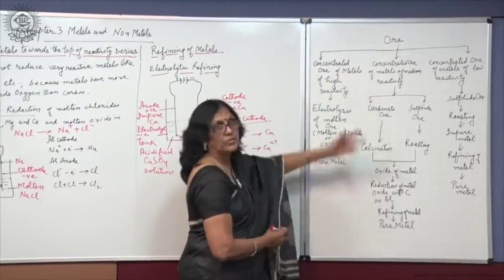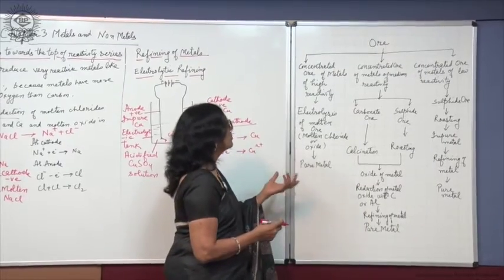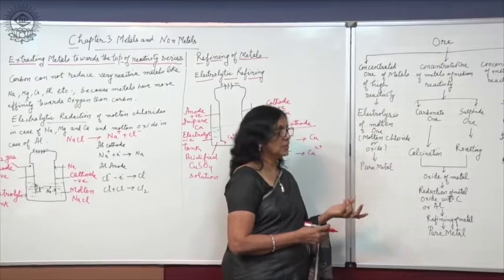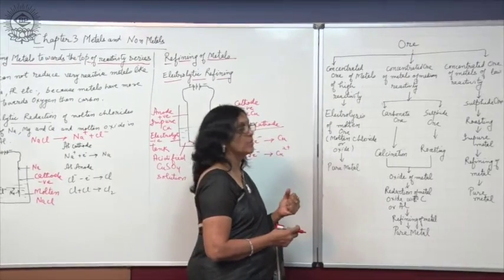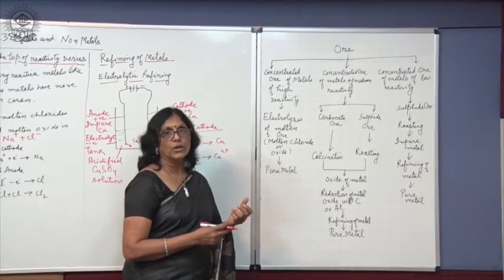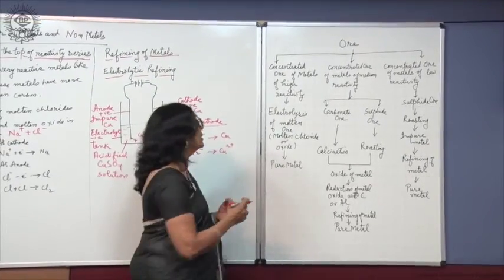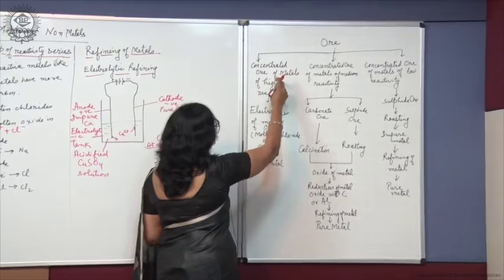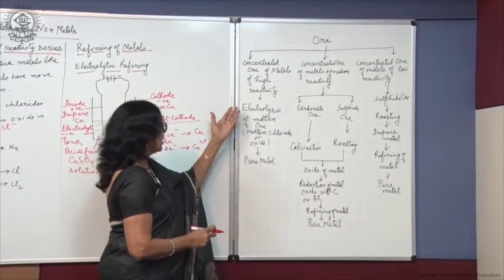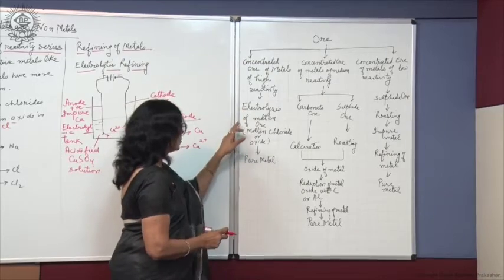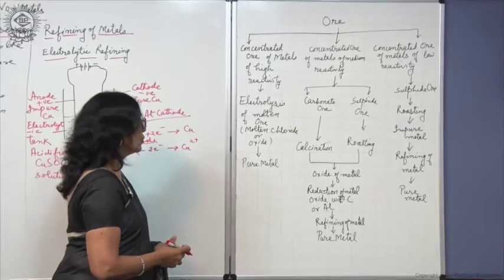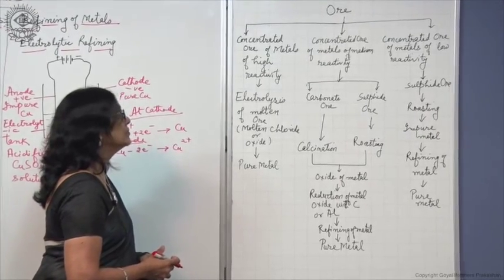You have studied that ore is that mineral which is naturally found in the earth's crust and from which the metal can be conveniently and profitably extracted. First of all, concentration of ore has to be done. So, the concentrated ores of metals of high reactivity are taken and pure metal is obtained by electrolysis of molten chlorides or oxides.